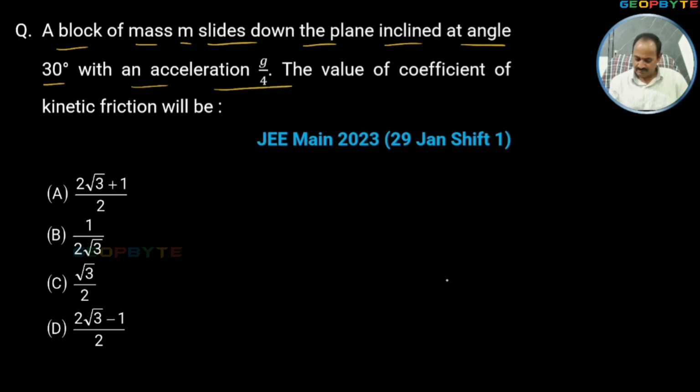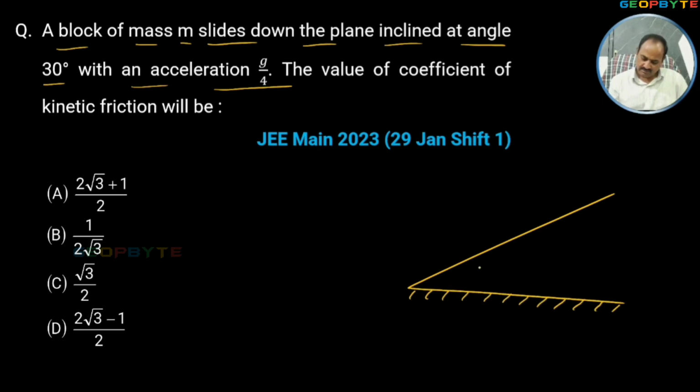It is like this. This is the inclined plane. This is the base. This is the inclined plane. The angle of the inclined plane, theta, is given as 30 degrees. This is the block.